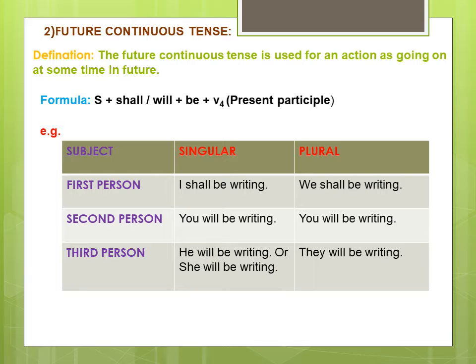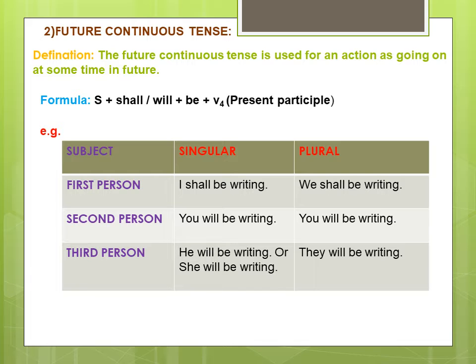See the first column subject, last line, third person, singular column, he will be writing or she will be writing. So here he and she, these two words, are the subject. Will be, will is the helping verb. Be is also important because it's future continuous tense.